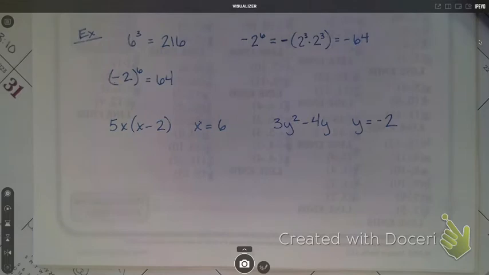I got 9x. You should not have an x. I thought we were supposed to do parentheses first. Yeah, but you shouldn't have an x. What's x? 6. So you should put 6's in for all your x's. So you shouldn't have an x anymore.